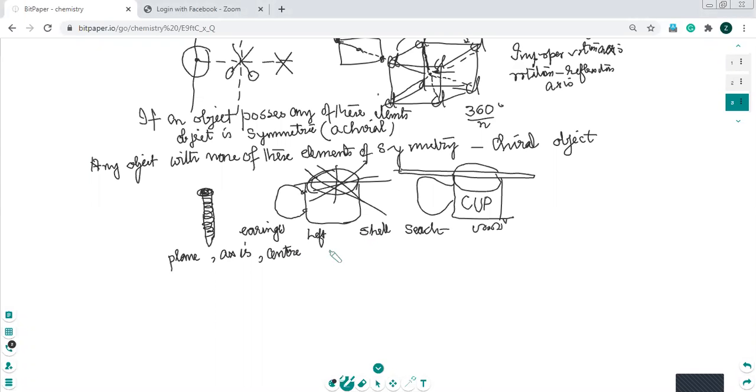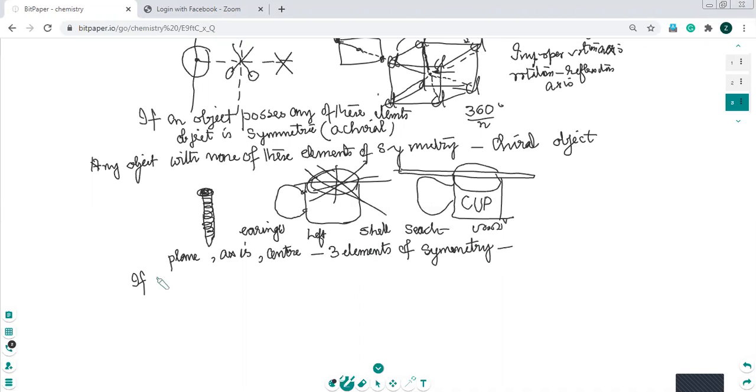These are the three elements of symmetry. Elements of symmetry means if you have any one of these, the molecule is symmetric.